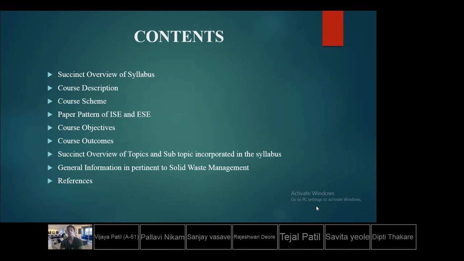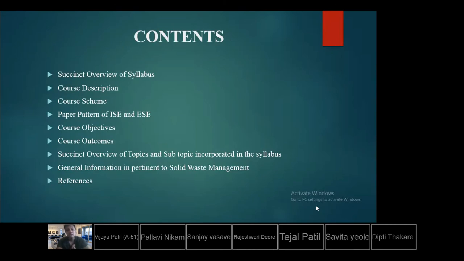Then the course description, the scheme of the course, the paper pattern of ISC one, course objectives, and course outcomes. Then a succinct overview of the topics in the syllabus. Then general information: what solid waste management is and why it is required. And the references you need to follow. That is what I will be dealing with today in this class.